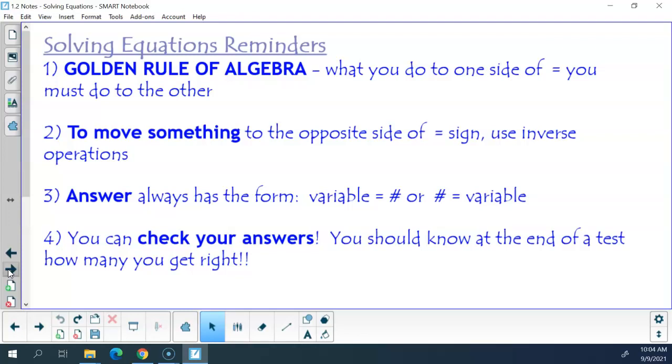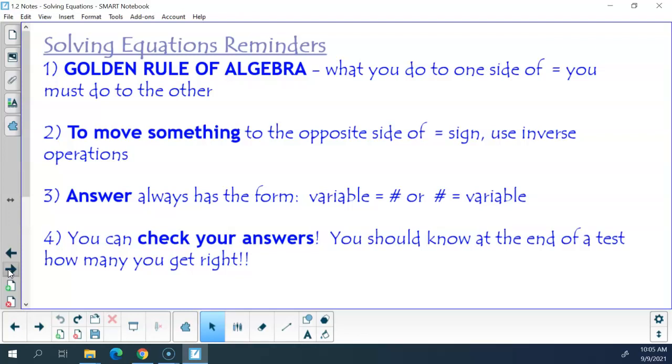So if we're adding 5 on the right side, we're going to add 5 on the left side. Dividing by 7 on the left side, divide by 7 on the right. Otherwise, our equations become imbalanced, okay? And we want to keep it in balance.